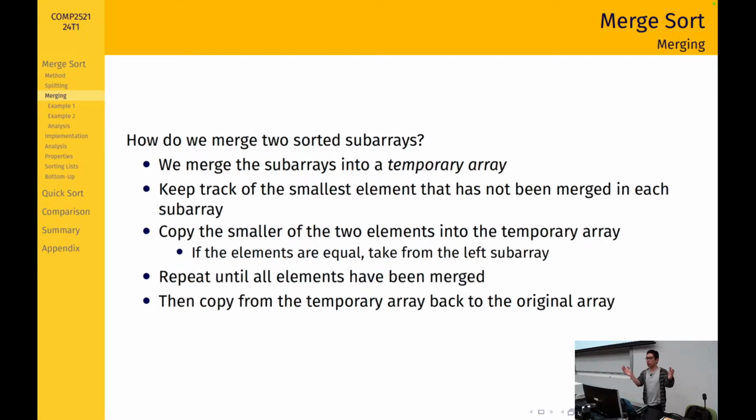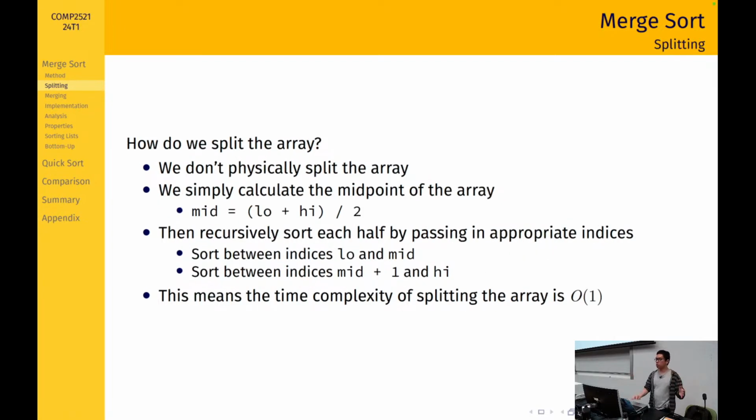Then we recursively call the function on mid plus 1 and high, which will recursively sort the right half of the array. That's how we split the array. All we're doing is calculating the midpoint and then recursively calling the function, and that's it. So there is no huge cost to splitting the array. The time complexity is just O(1) for splitting, okay?